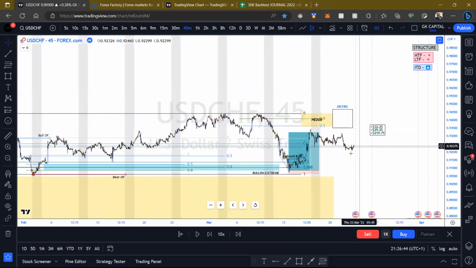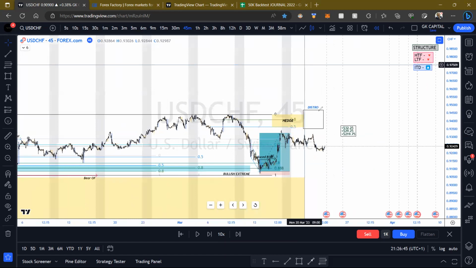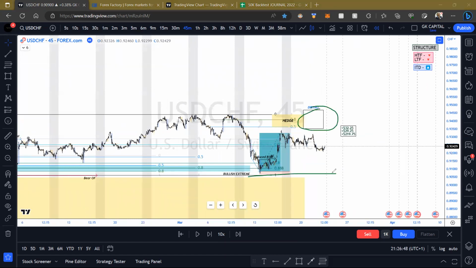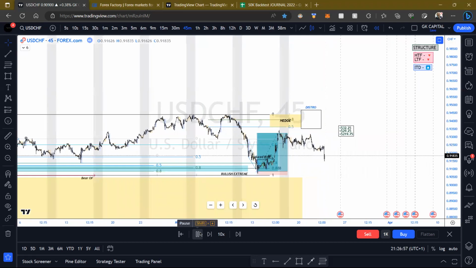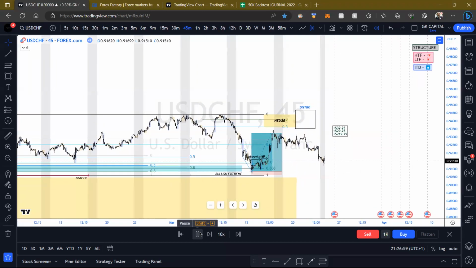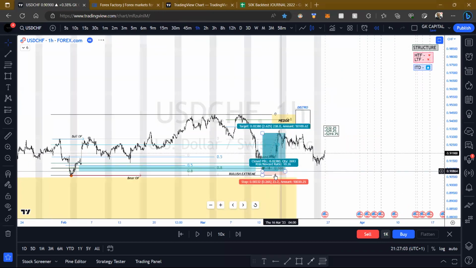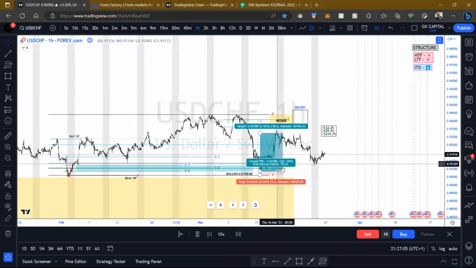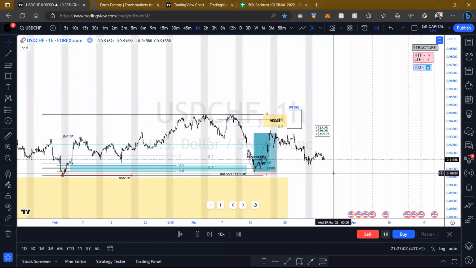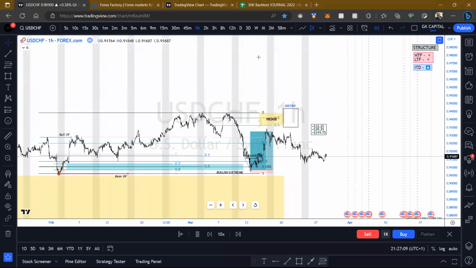So at this point, I'm still going to be waiting for this or for price to now do that. Two things. That's it. I'm not going to try catch nothing in between. Okay, I'm not even going to try to catch a re-entry and nothing. No. Because the play was not from here.